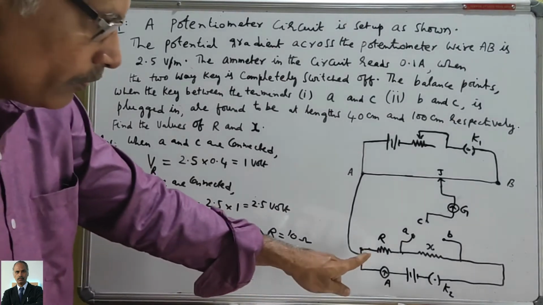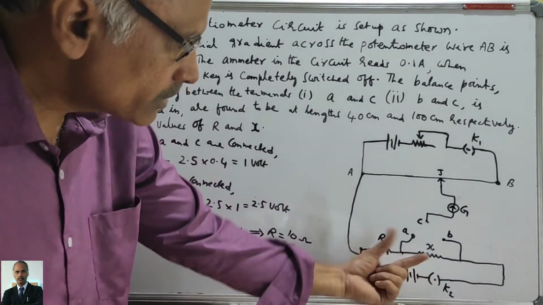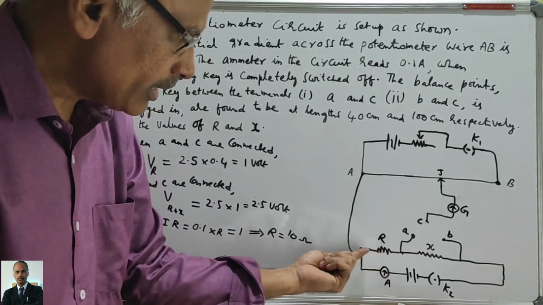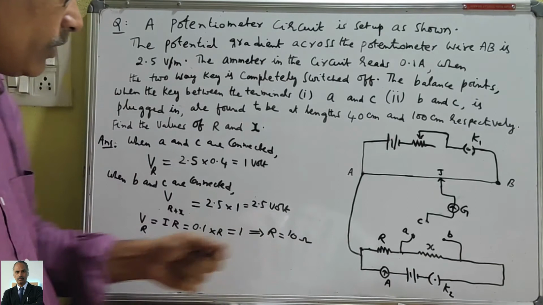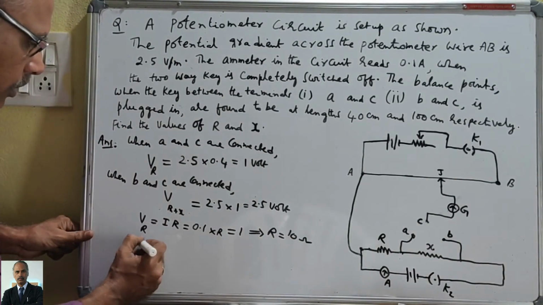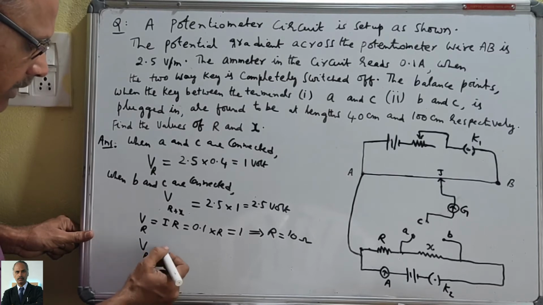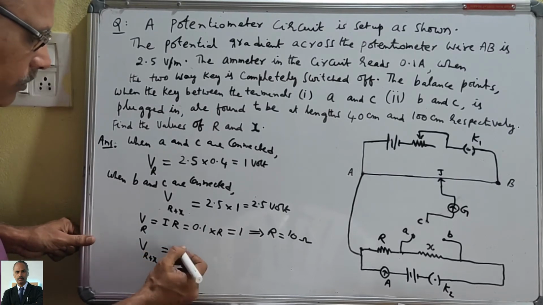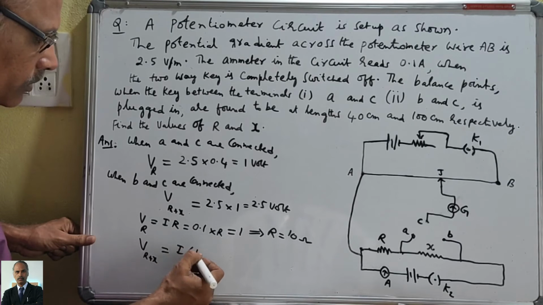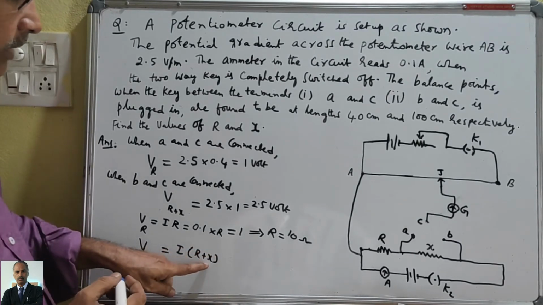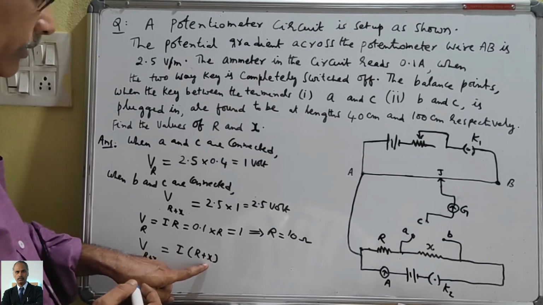Similarly, between R and X together, the total resistance is R plus X, and the current through this circuit is 0.1 ampere. Therefore, potential difference across both resistances together, V is equal to, again current into the total resistance R plus X. We are adding R plus X because both R and X are in series.